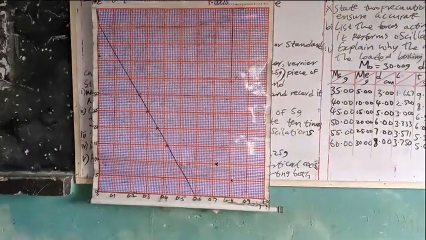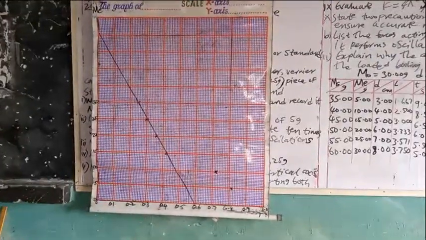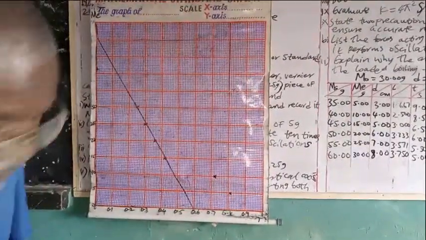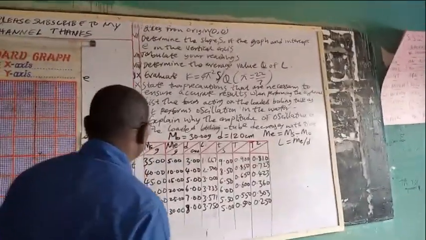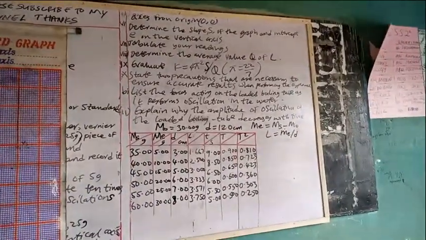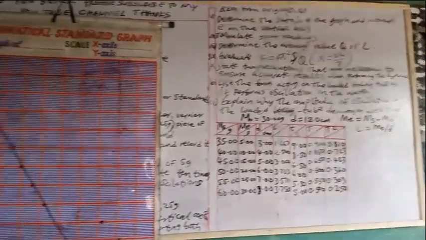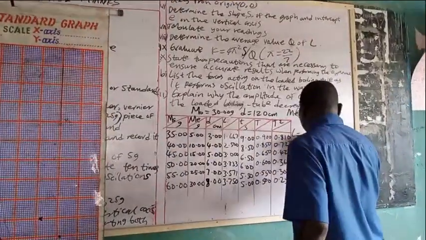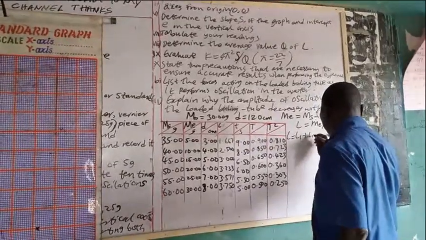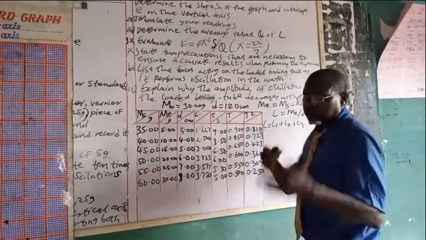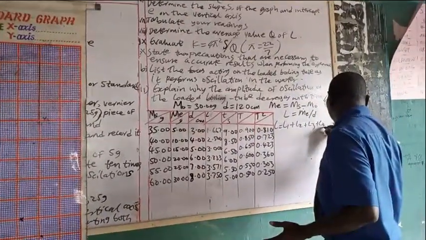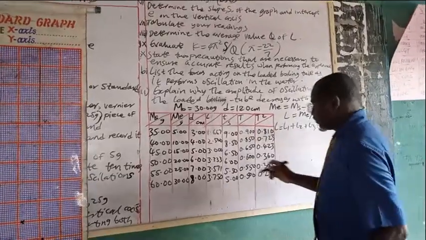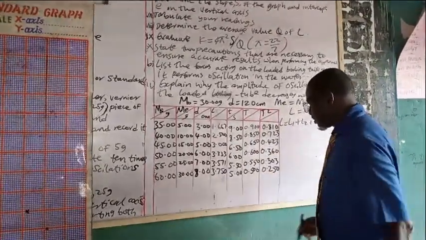Join us together, we have this. That is that. Now, the next thing, we determine the average value of L. L is equal to L1 plus L2 plus L3 plus L4 plus L5.